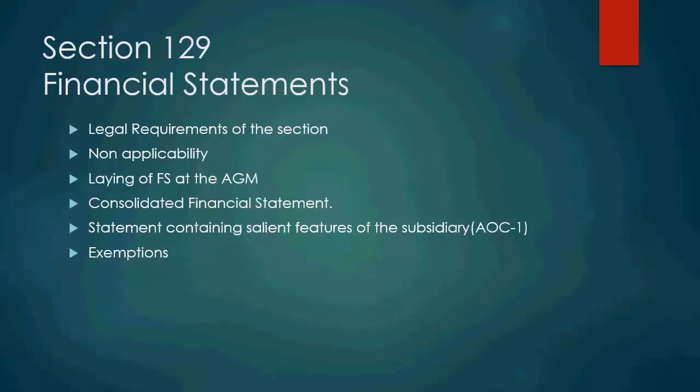Now the last thing in the chapter that we see will be the responsibility and the penalty. The responsibility and the penalty go hand in hand, as was applicable in Section 128. So even over here the responsibility for the compliance of this section rests with the managing director, the whole-time director who is in charge of finance, particularly the chief financial officer, or any other person of the company who is charged by the board with such duty.